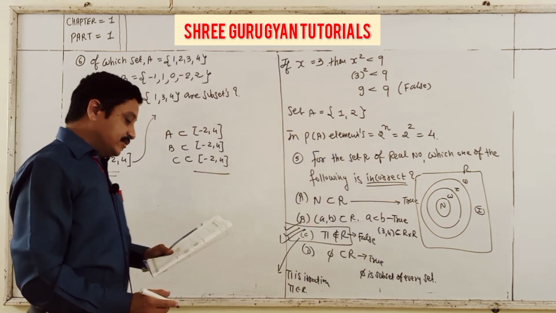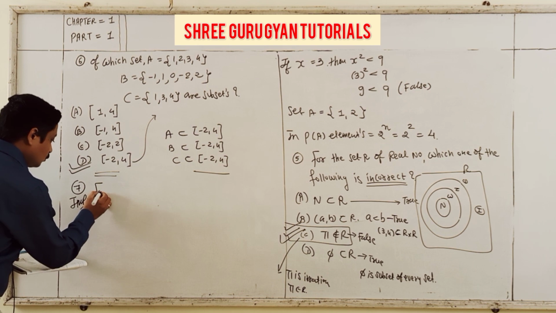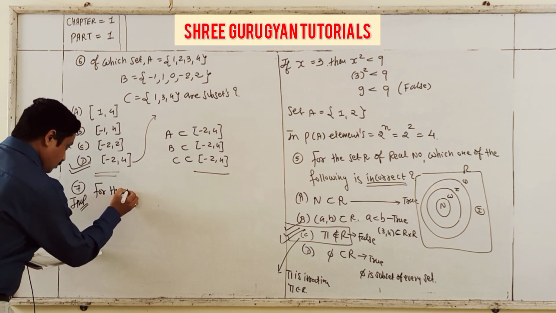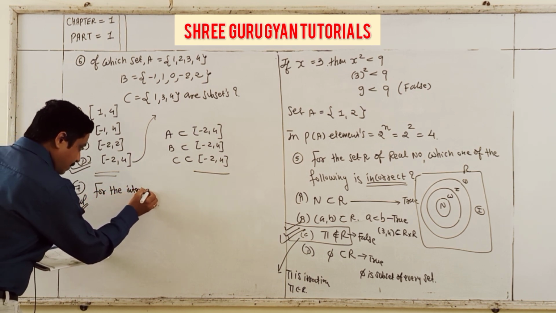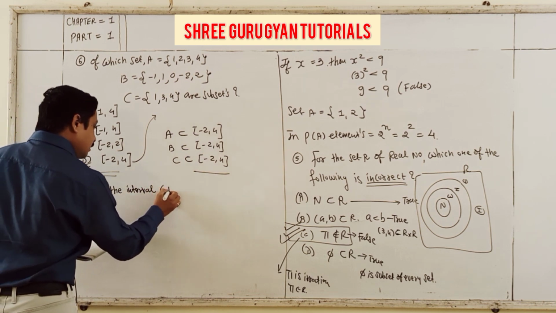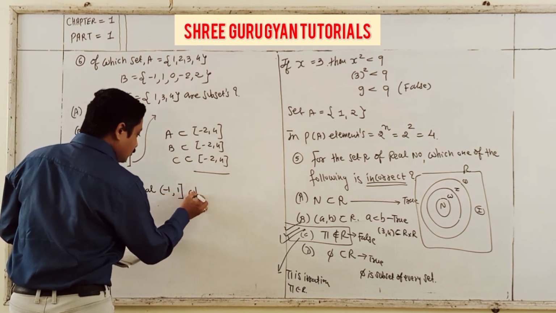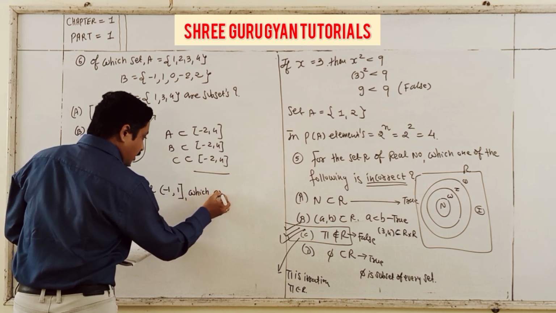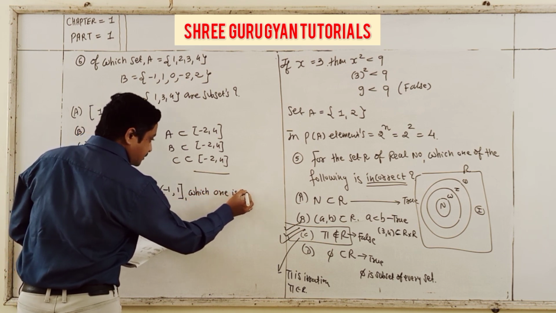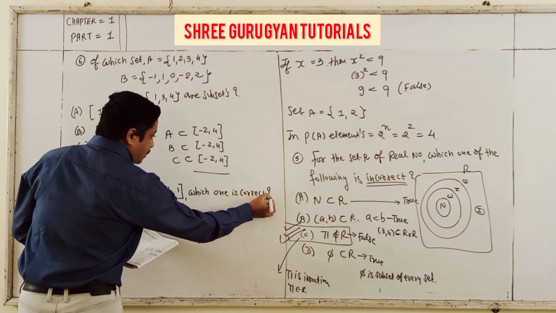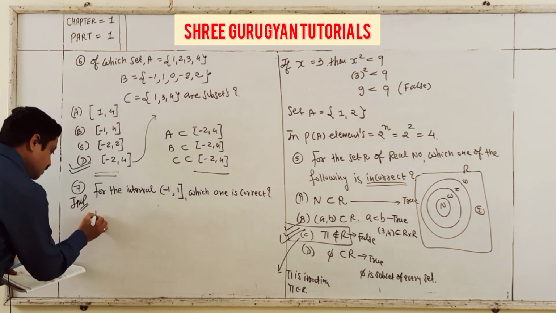For the interval open bracket -1 but close bracket 1, which one is correct? This also depends on the options, students.